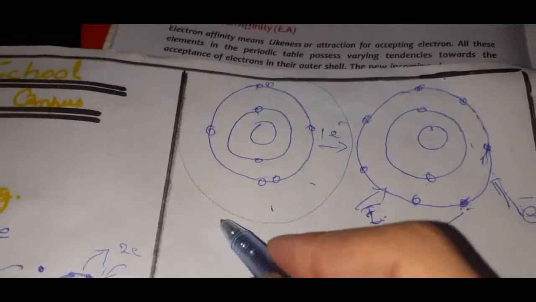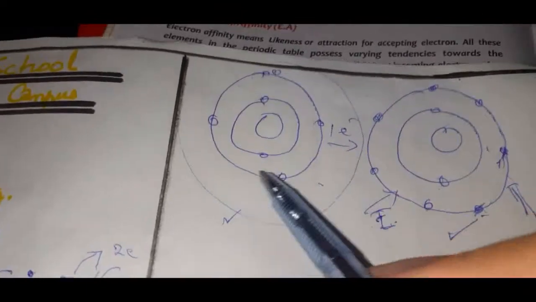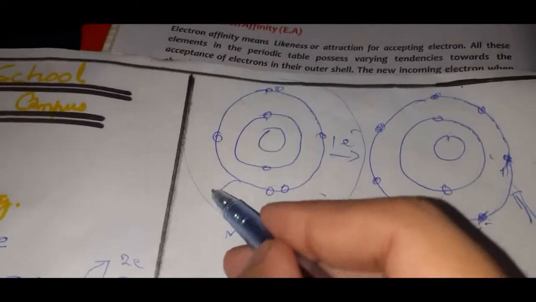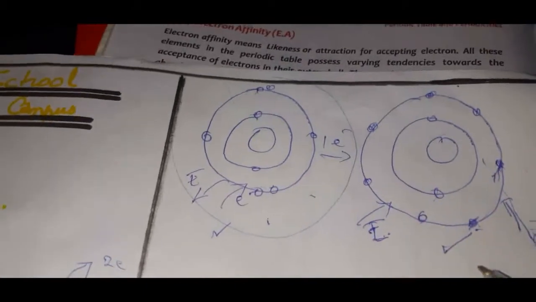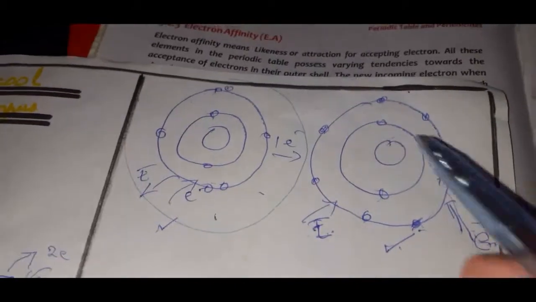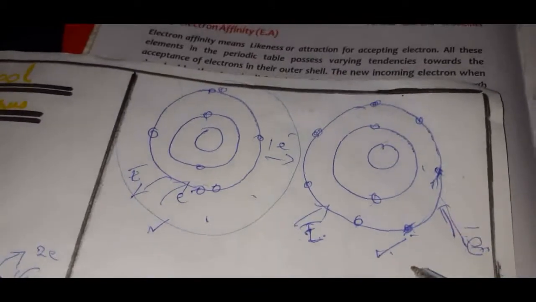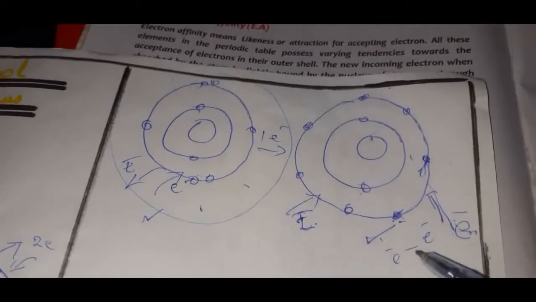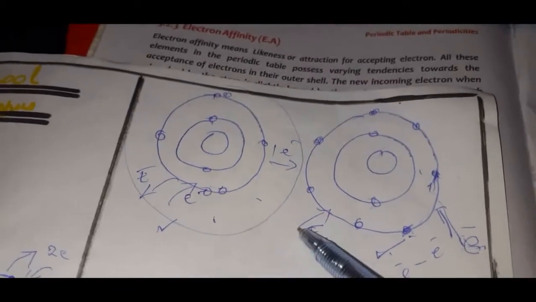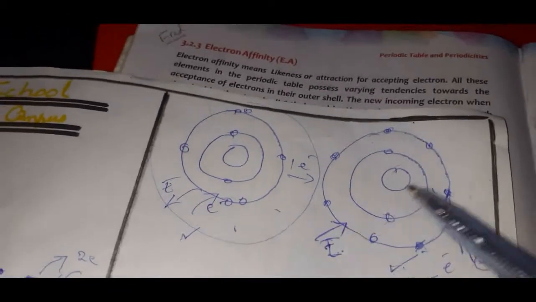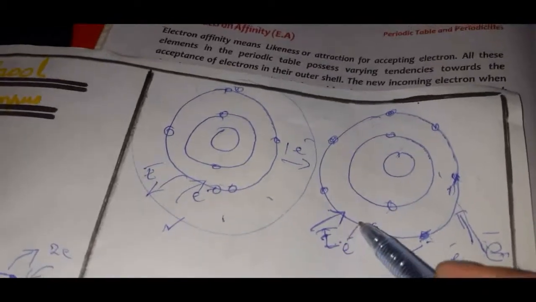So in this case there was less repulsion, so it released some energy to gain an electron. But here in this case now there are more electrons, there is more electron repulsion. Electrons repel each other because of having the same charge. So in this case it will require energy, or it will absorb some energy to gain another electron.